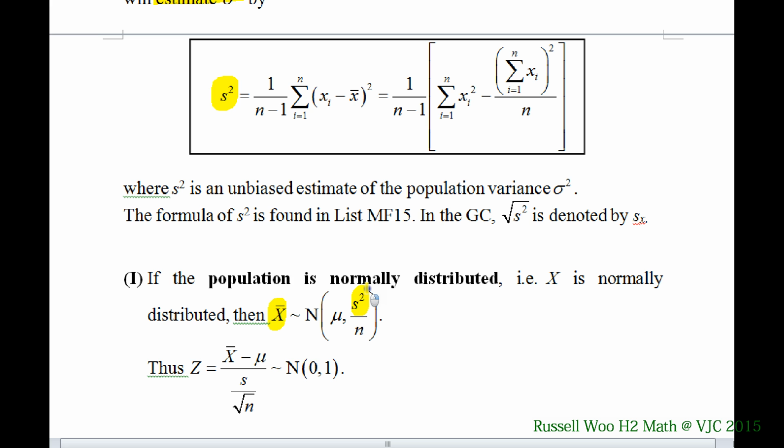Follow? After that, the steps are all exactly the same. The only difference now is this thing called S squared, since we do not know the population variance.